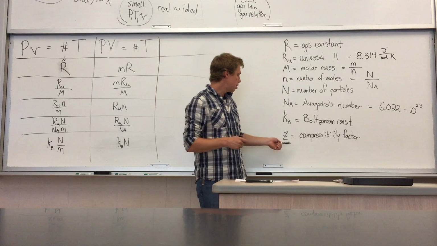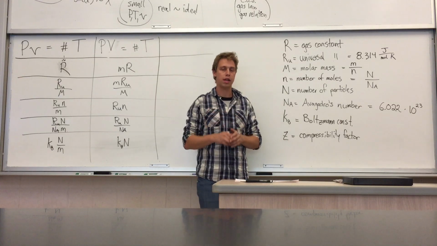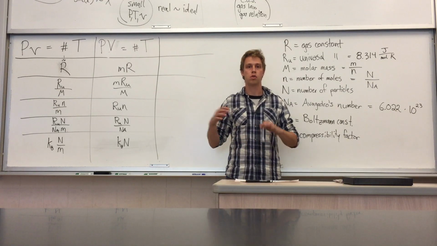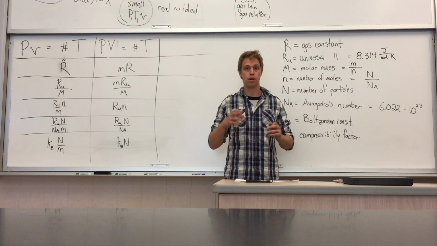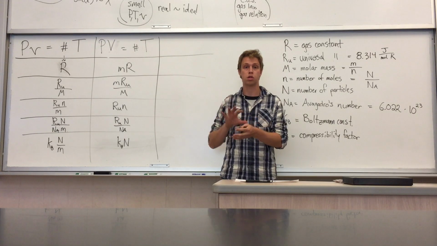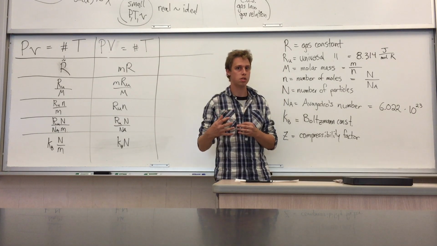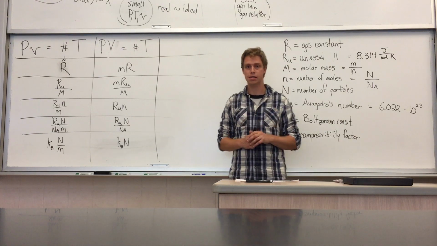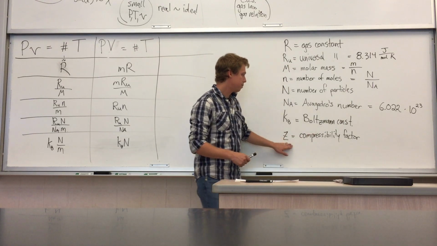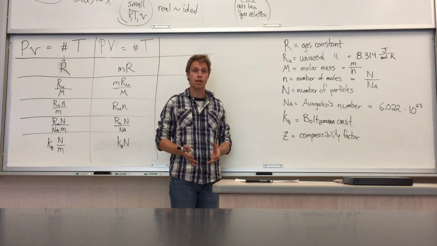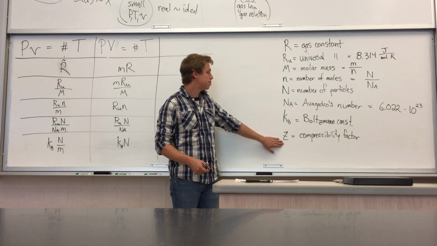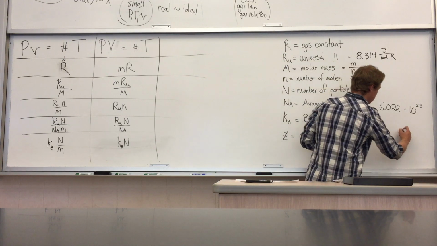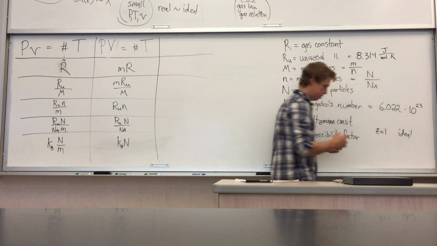It's a measure of how, as the volumes change, the ideal gas law goes wrong from how things really work. Remember, we talked about how the ideal gas law only works for certain systems under certain conditions, but then there's the way that things really work. Well, this measures that. So for an ideal gas, Z is 1. Z equals 1 is ideal.